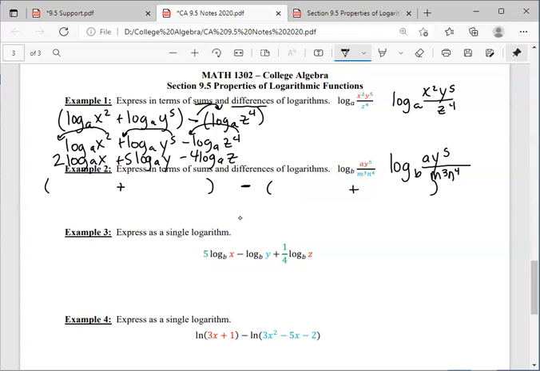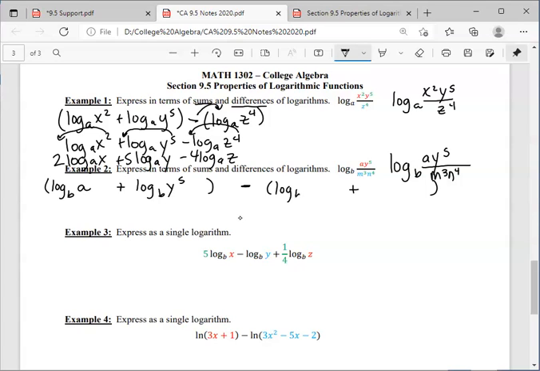So multiplication means that we are going to add log base b of a and the log base b of y to the fifth. So I just took care of that top part. Then I know I'm subtracting, but I'm subtracting everything on the bottom. So that's why I put it in parentheses. It is going to matter this time.